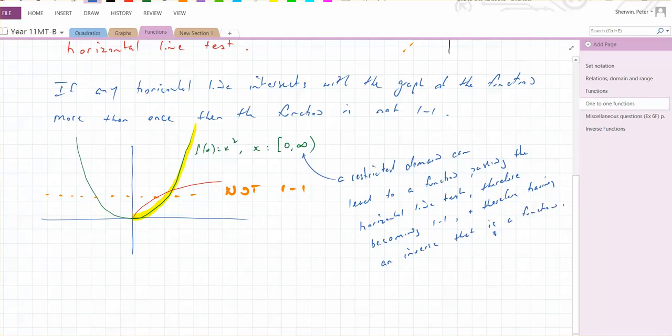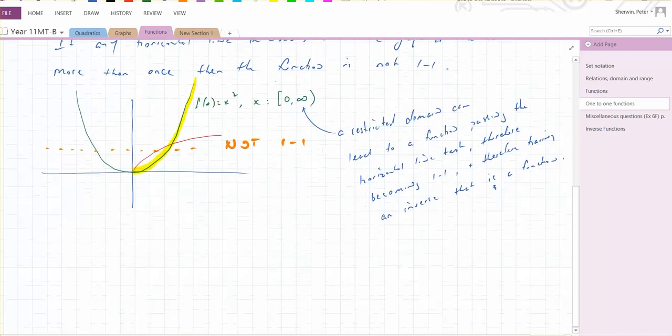So an unrestricted domain here doesn't pass the horizontal line test, therefore its inverse isn't a function. Restrict the domain, and now it does pass the horizontal line test, it is one-to-one, and its inverse is a function.